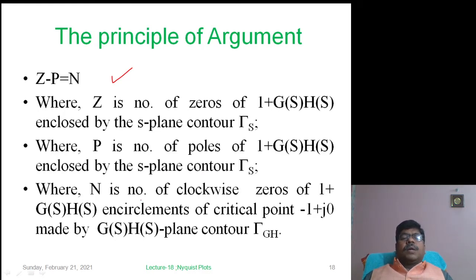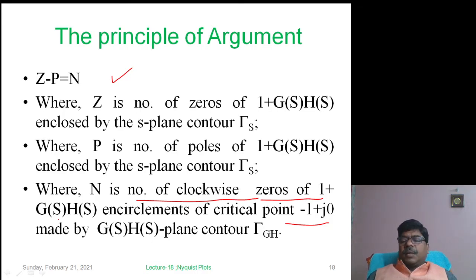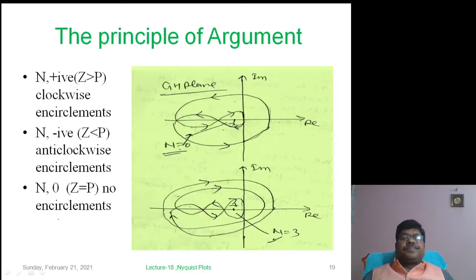N is the number of clockwise encirclements of the critical point -1 plus j0 by 1 plus G(s)H(s). So, again you have to remember clockwise zeros of 1 plus G(s)H(s), not the poles of 1 plus G(s)H(s). This is the point that we have to remember.